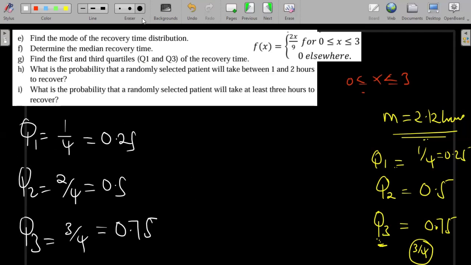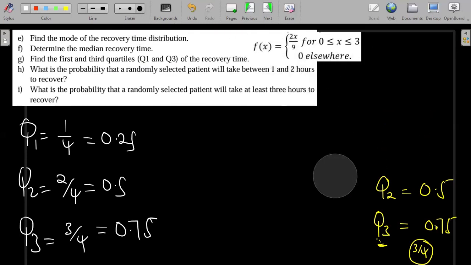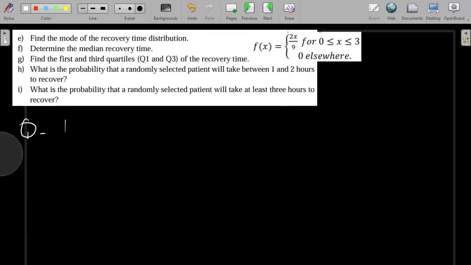So let's find Q1 and Q3. The CDF of m, we found, was m squared divided by 9.